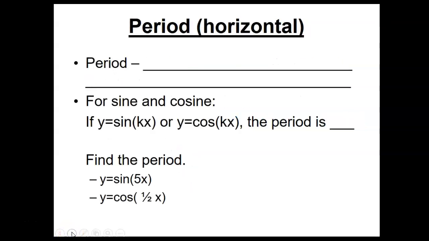Alright, your period is what's going to change with your horizontal expansions or compressions. So your period, remember, is how long it takes for your graph to repeat. So if you expand that horizontally, it makes the period longer. If you squish it in horizontally, if you compress it horizontally, it's going to make that period shorter.